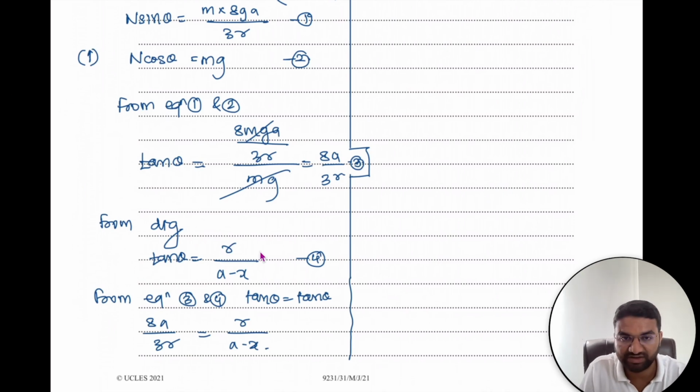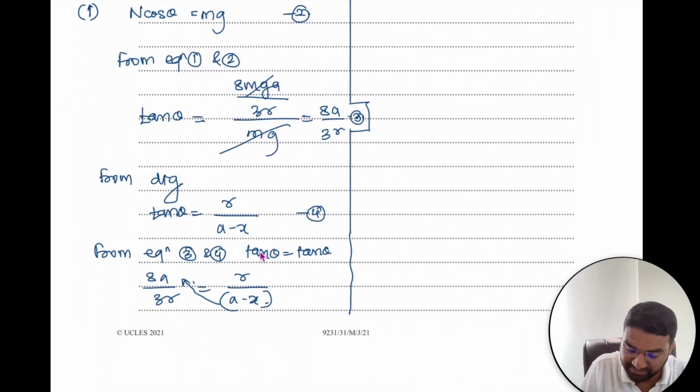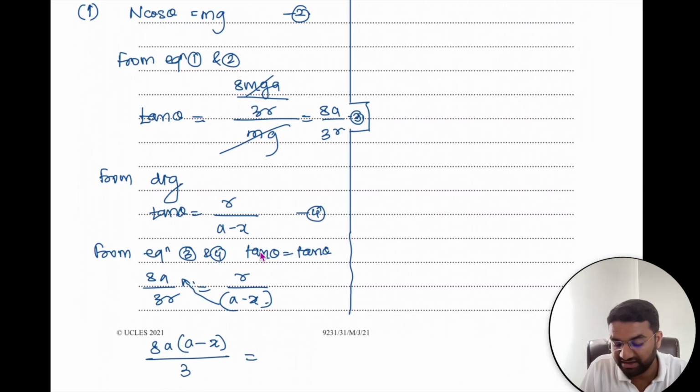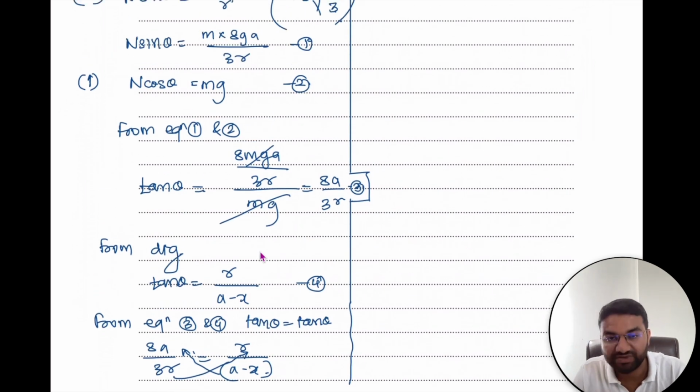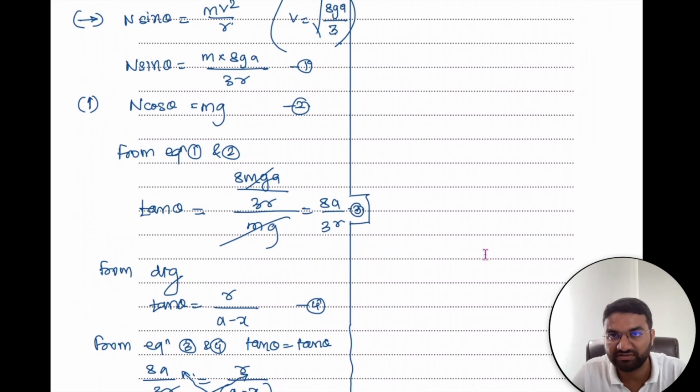So you can transfer this a minus x to the left, and it will be 8a times (a minus x) upon 3 is equal to, and even r you have to transfer to the right hand side, it will be r square. So this is the r square part we got.